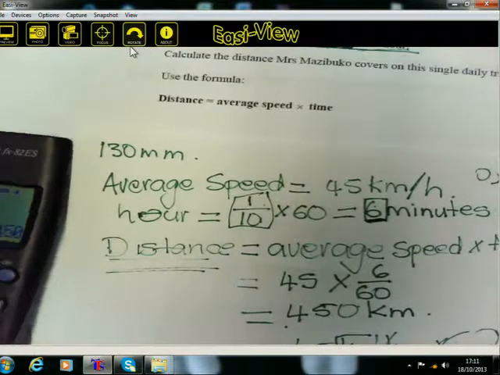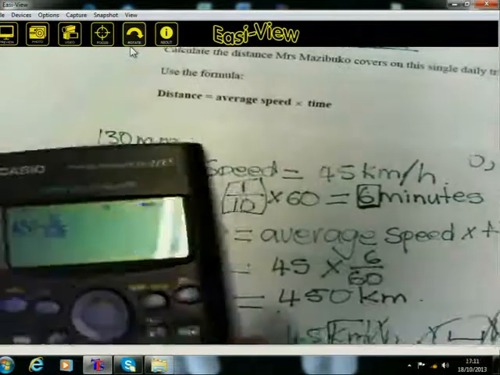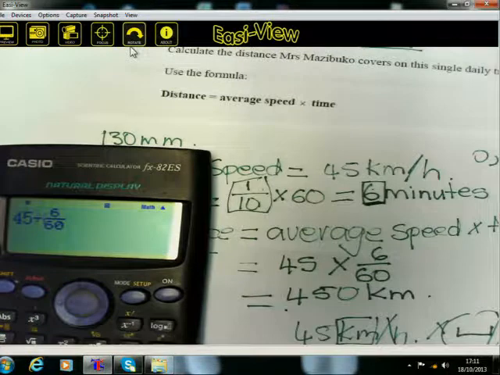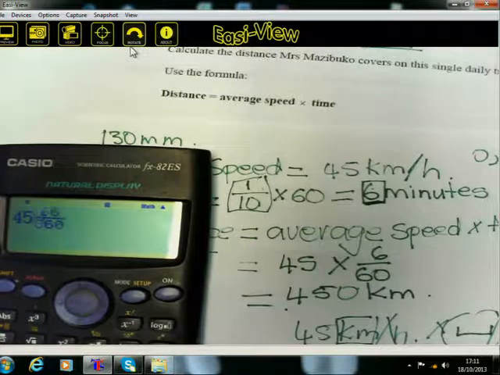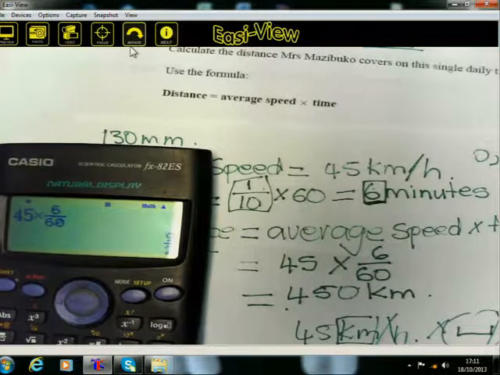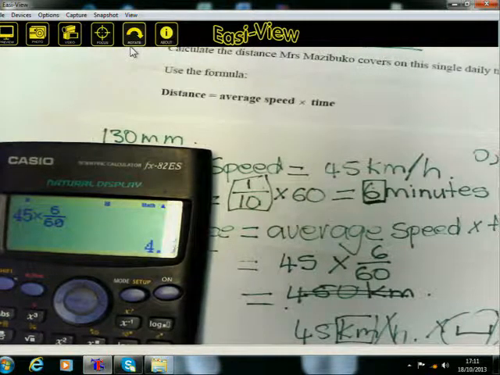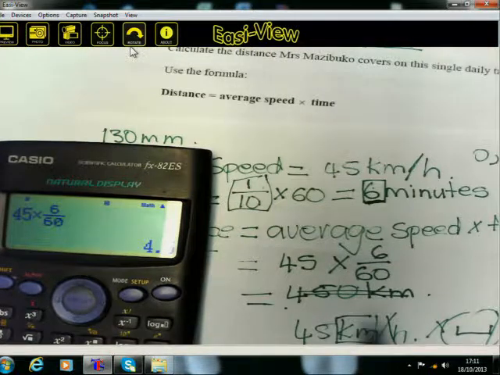No. It can't be 450 kilometers. Let's see. It can't be 450 kilometers, it is too far.